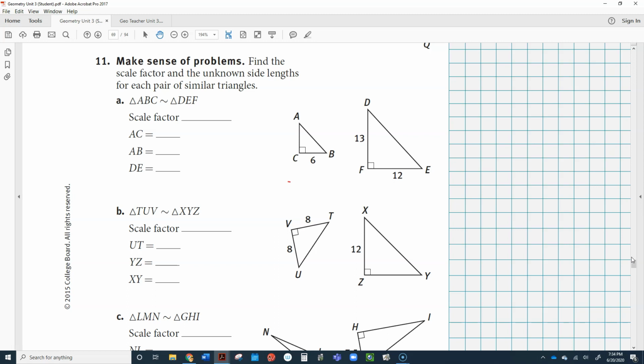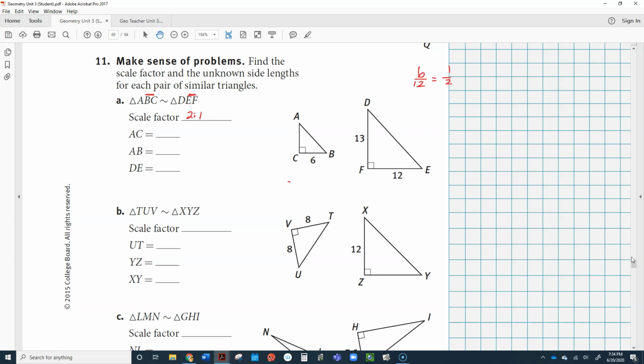CB is this leg right here, so I need FE. Well, there's FE right there. So FE and CB are corresponding. So I'm going to take 6 to 12 and reduce that. 6 over 12 reduces down to 1/2. So we can say the scale factor is 2 to 1.